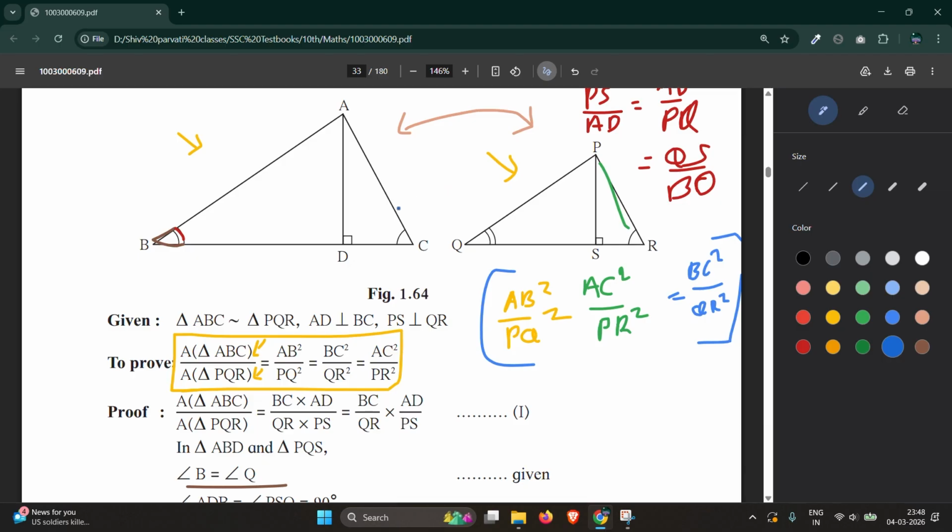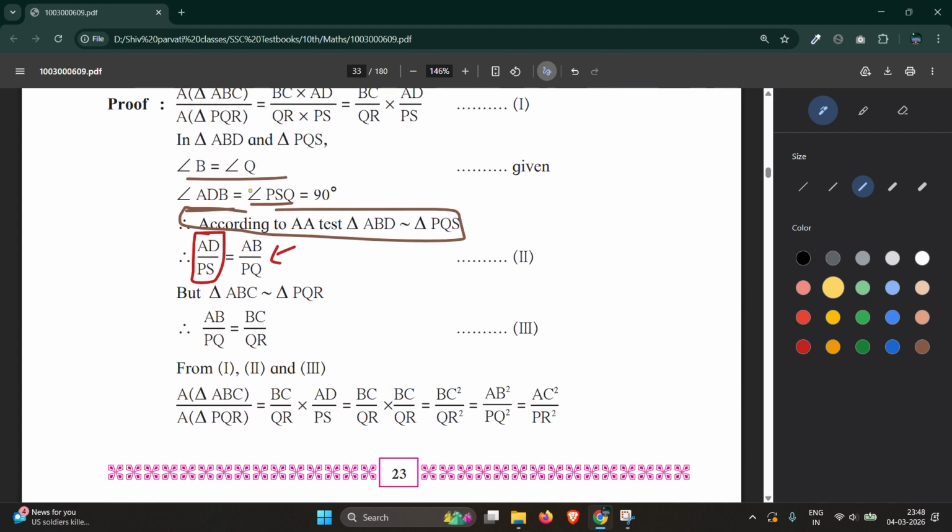When I reduce this clutter, you can see that we just proved that the ratio of this and this is equal to the ratio of this and this. And because these outer bigger triangles are also similar, the ratio of this and this is equal to the ratio of this and this, or the ratio of this and this.